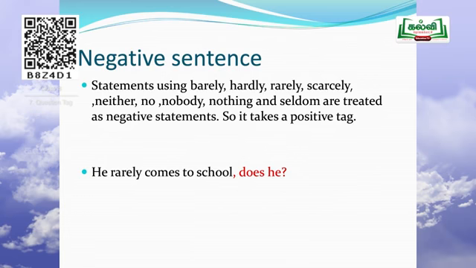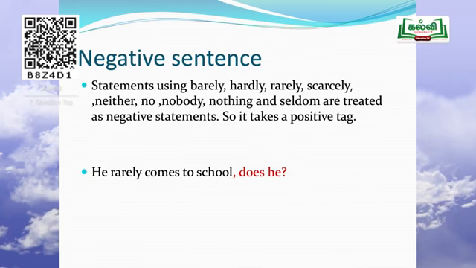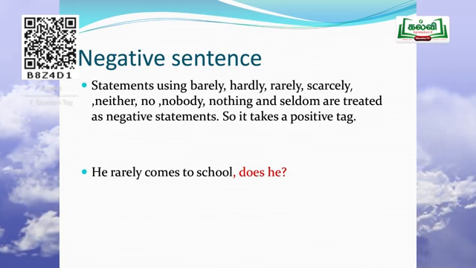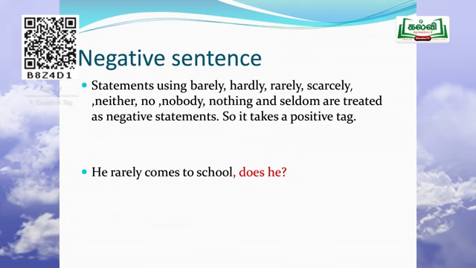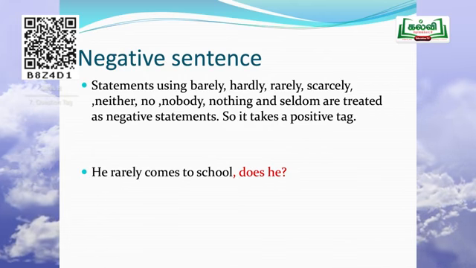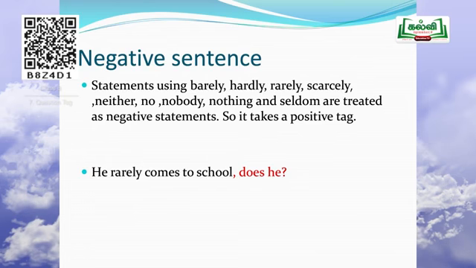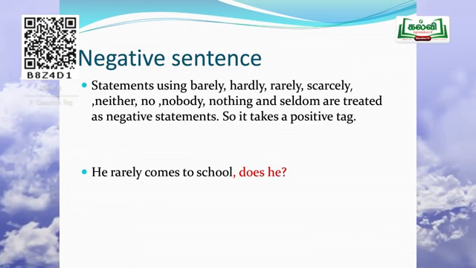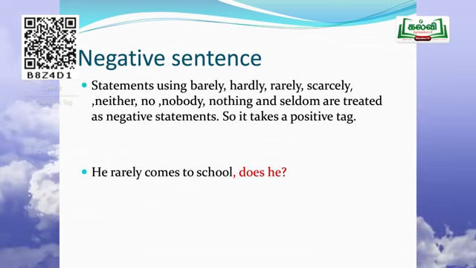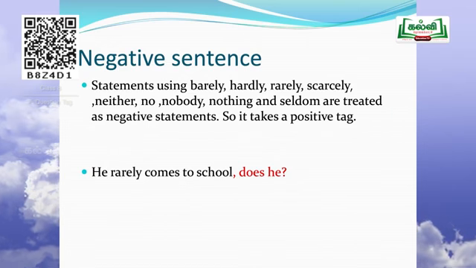For example: he rarely comes to school, does he? Here, when you look at the sentence the first time, you can't find any negative words. But rarely is there, and rarely gives a negative meaning. In that case, you do not add not to the auxiliary.